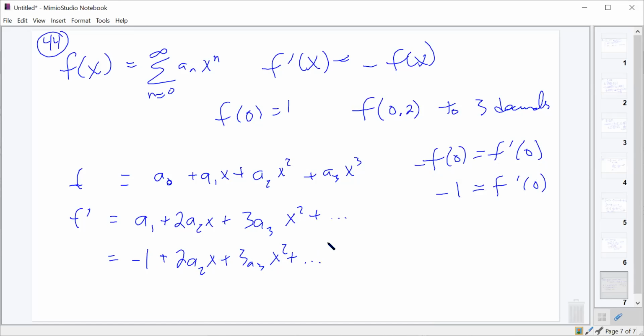And we also know, like we said up here, that f prime of x is equal to negative f of x.